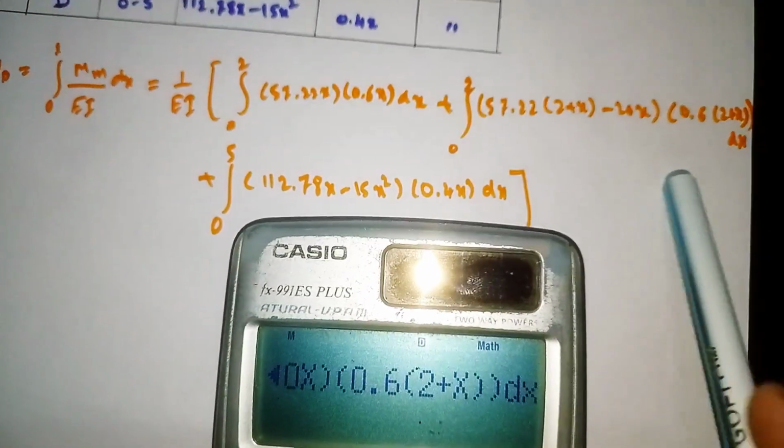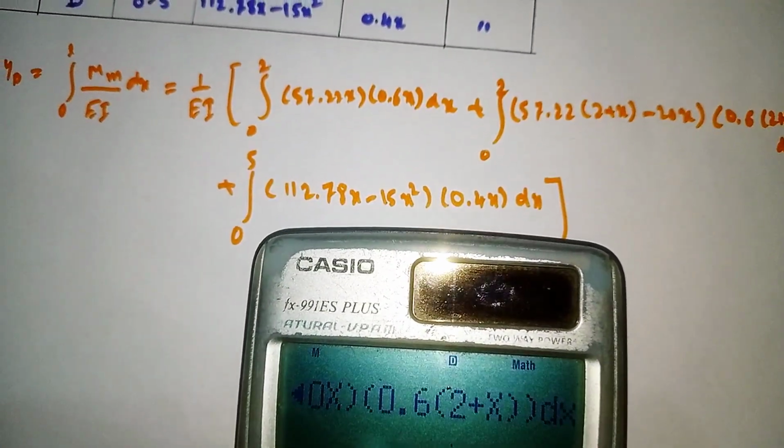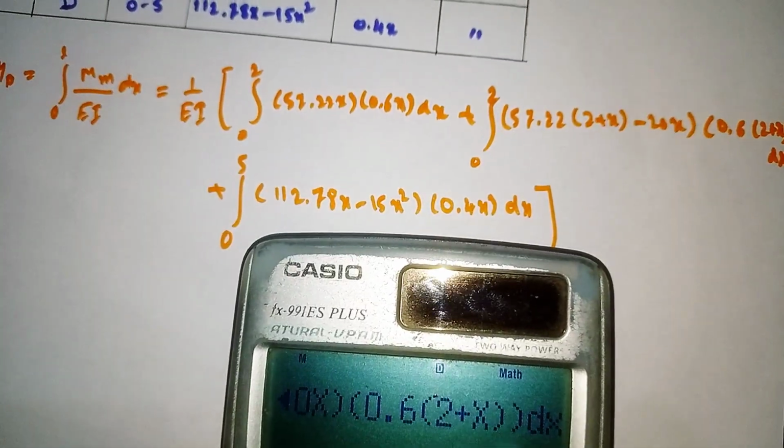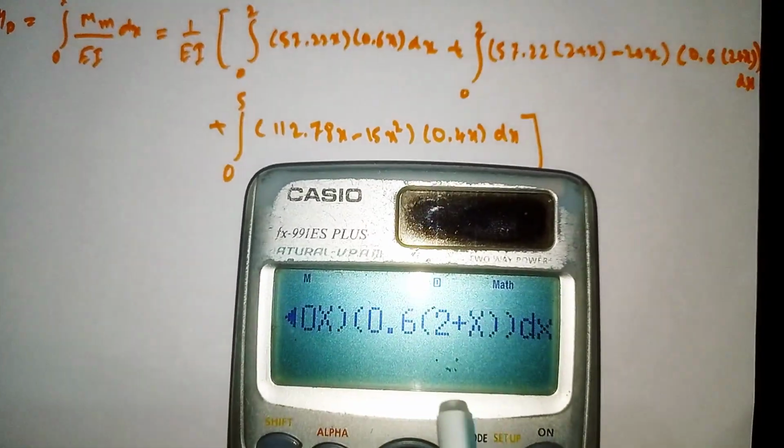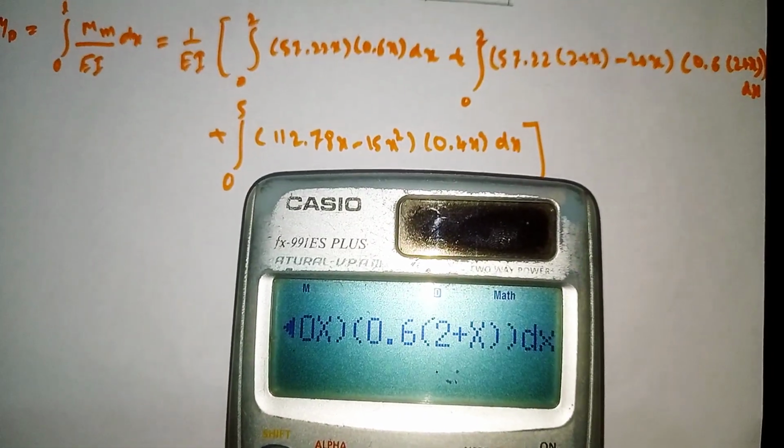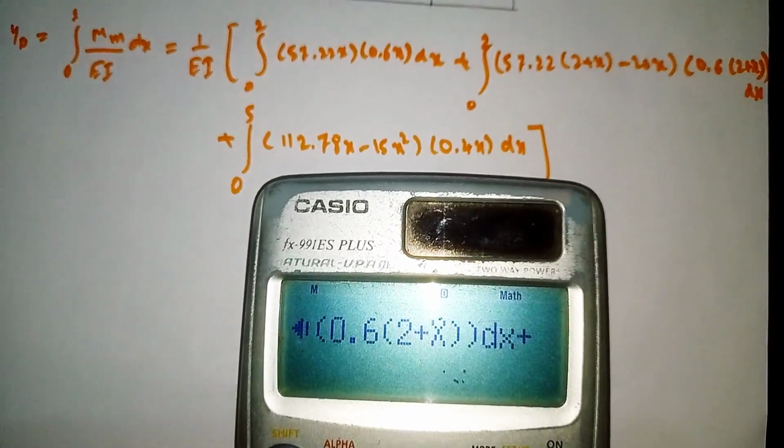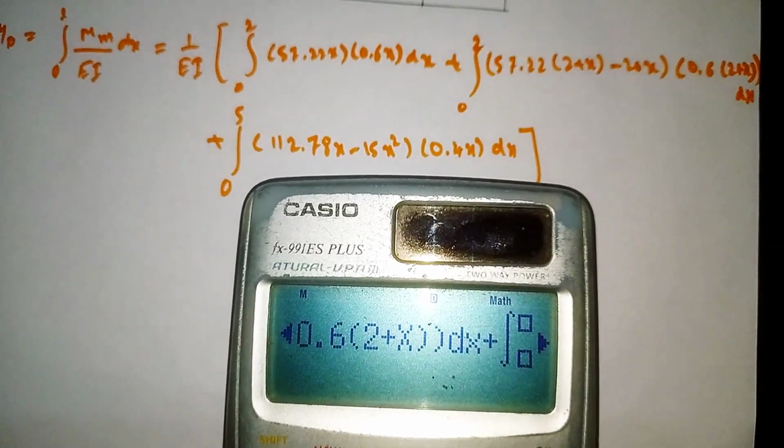While entering the values we need to enter them carefully and close the bracket wherever needed. If you miss one bracket you will get an error, so it is very important while substituting all the values.